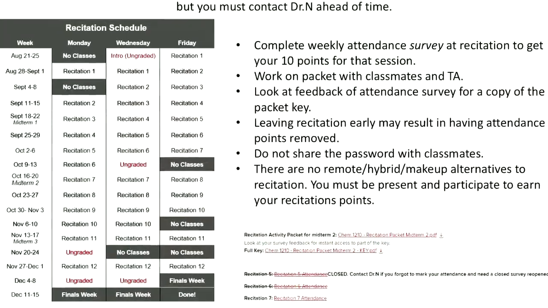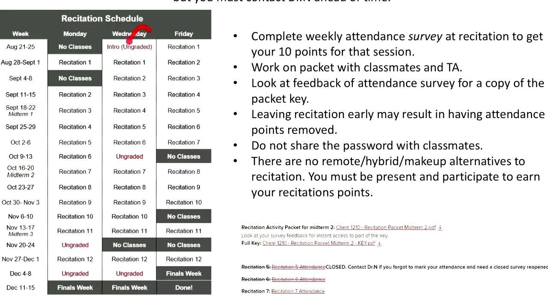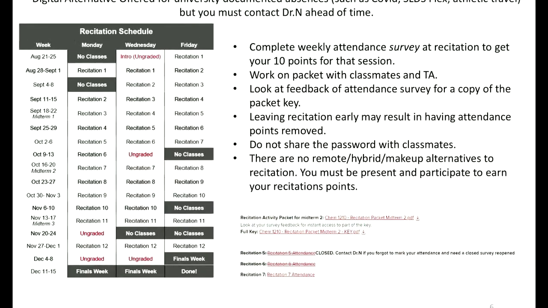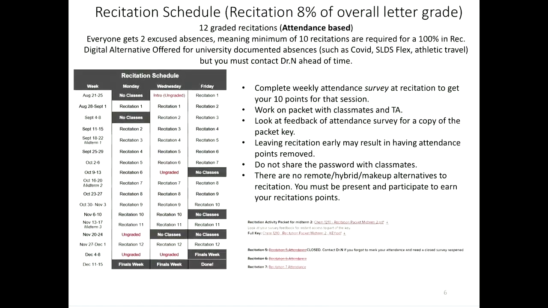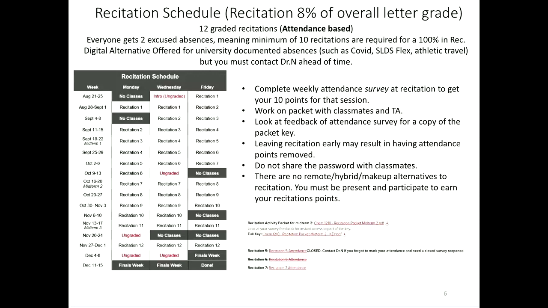How we read this schedule is all you need to do is read that Wednesday column. So if you have Wednesday recitation, you meet on Wednesday, but it's not graded. Your first graded recitation will be next week, so that's a small detail. How you get points for recitation is attending these graded recitation days.